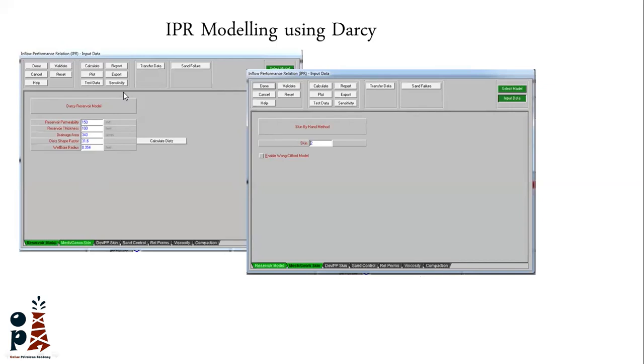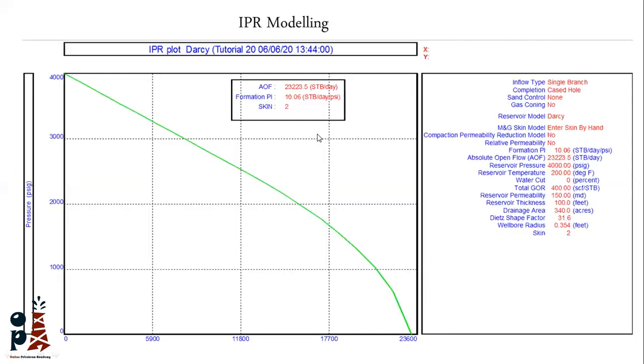Based on the available data, I can go to another model. So here, as we see, it is the reservoir permeability, reservoir thickness, drainage area, shape factor, and the wellbore radius and the skin, and I used this to draw this curve.